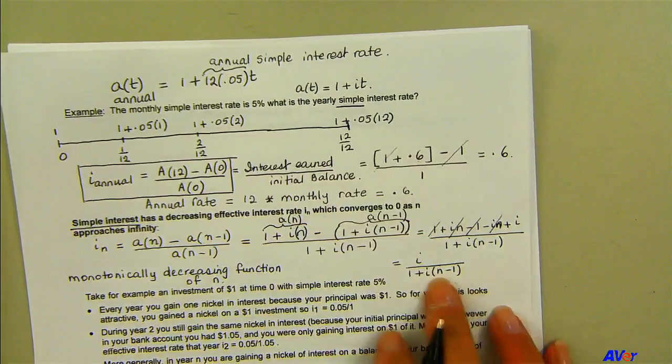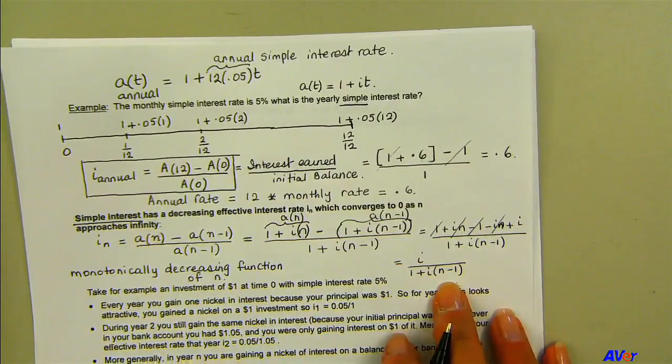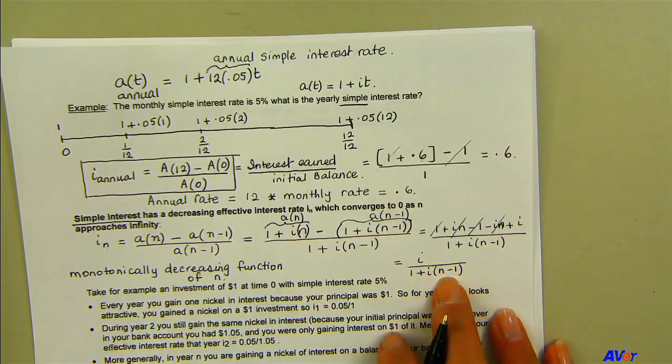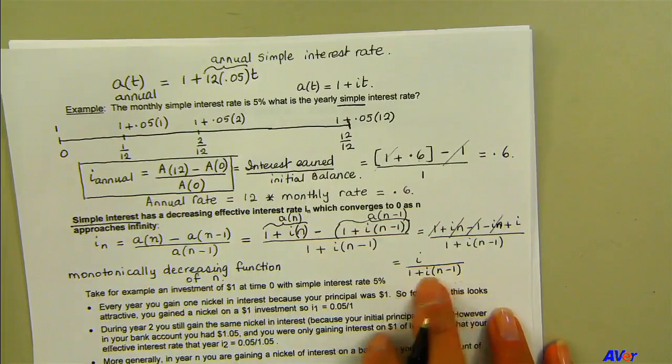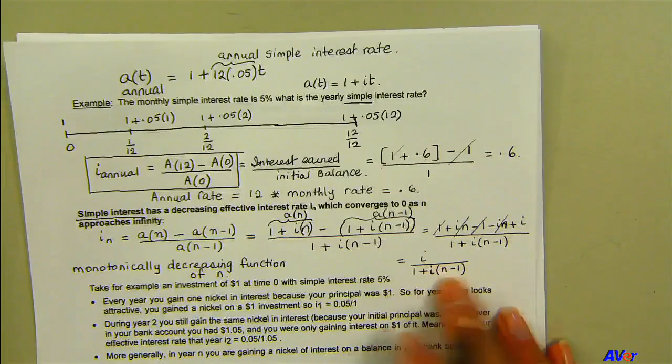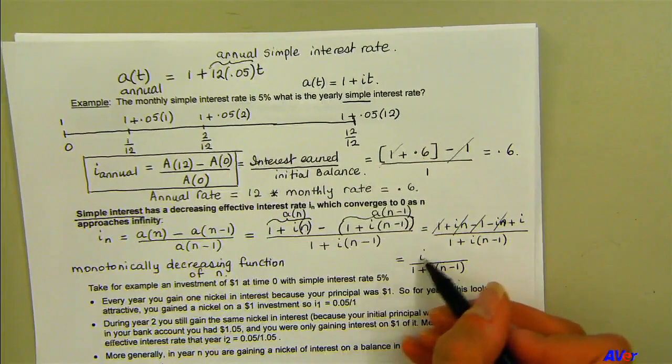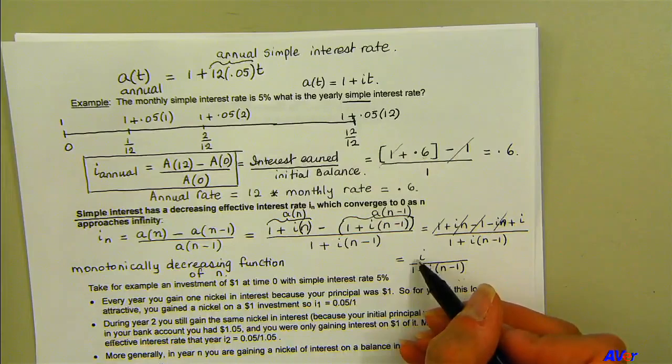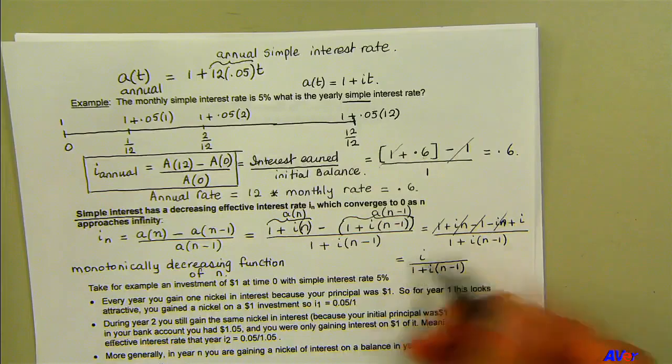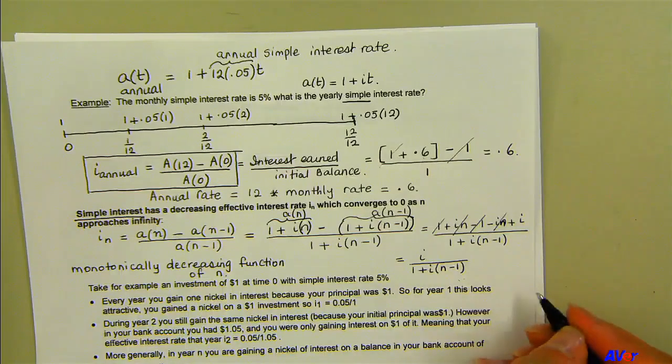What is the limit of this as n goes to infinity? If n goes to infinity, n minus 1 goes to infinity also, right? So when your denominator becomes infinite, some little interest rate, 5% or 10%, 0.1 or something like that, divided by infinity, goes to what? 0.